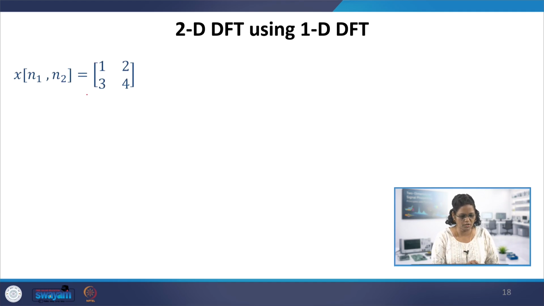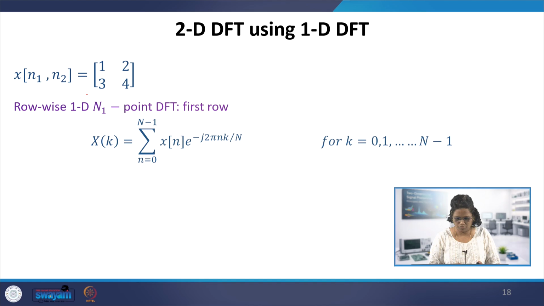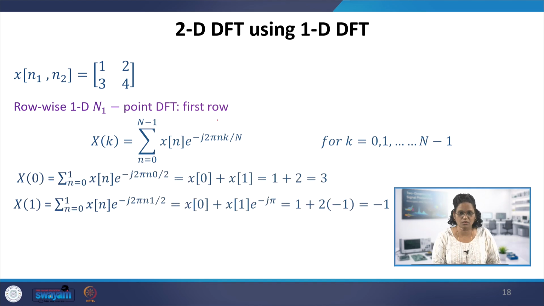So this is the direct computation. Now let us see the row-wise computation using the 1D DFT, that is the 1D n1 point DFT. Take the first row, 1 2; the sequence is plotted as 1 and 2, 3 and 4, in n1 and n2.